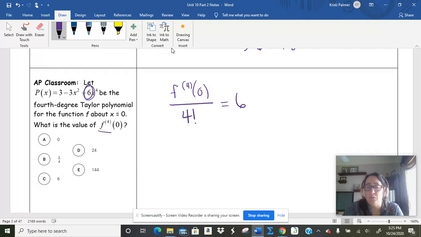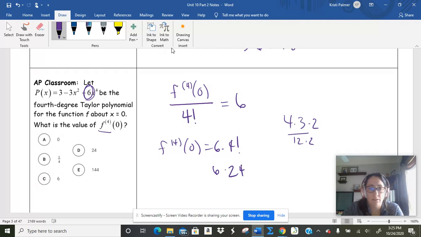So if I want to know what the fourth derivative was before everything was reduced, I have to multiply this 6 times 4 factorial. Now we actually have to work this out because they didn't give it in factorial form. So 4 times 3 times 2, 12 times 2 is 24, times my 6: 24 times 6 is 144. So that's what I call a matching problem.